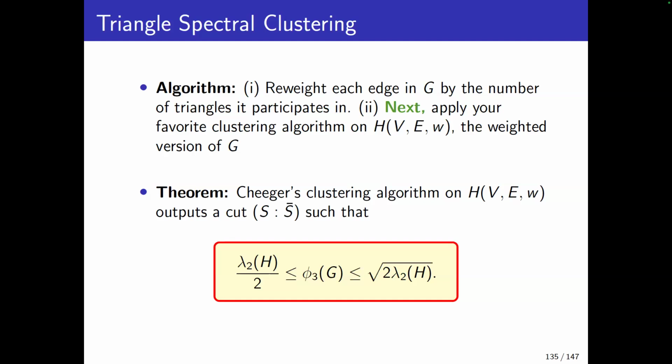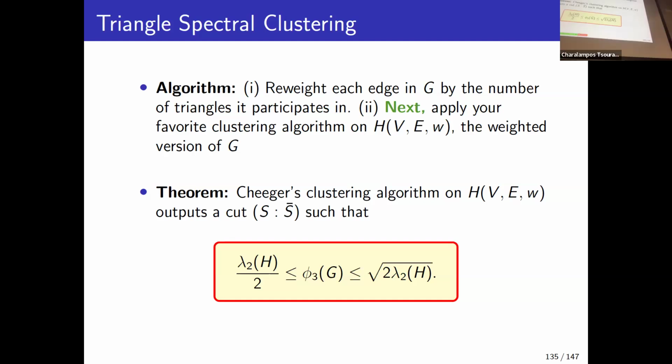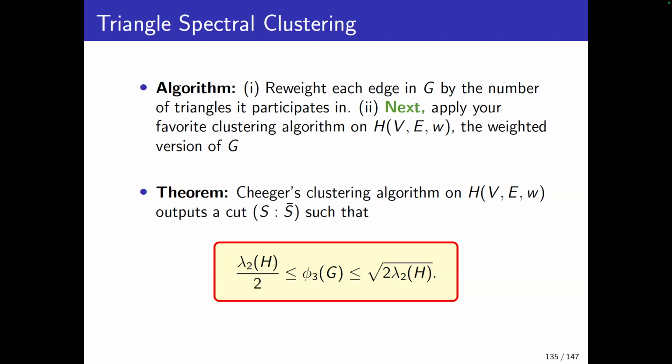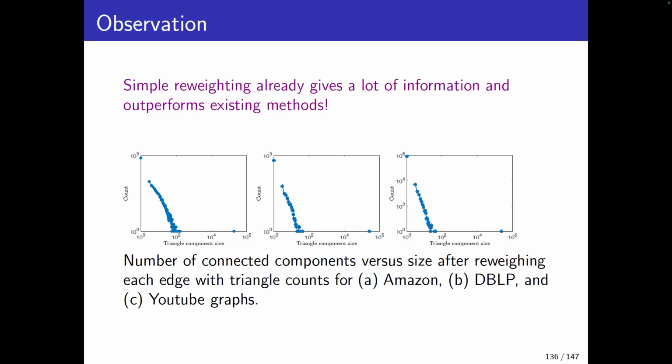Okay? And all of this is useful because for many empirical networks, doing triangle cuts gives better quality communities compared to just doing the conductance. One interesting observation is that when you take a connected graph, let's say one connected component of a social network, such as YouTube, Amazon, DBLP, this is a co-purchasing graph, this is a co-authorship graph, and you have also YouTube graphs.